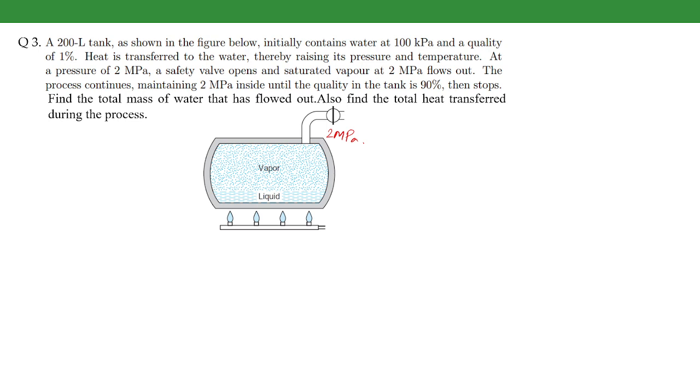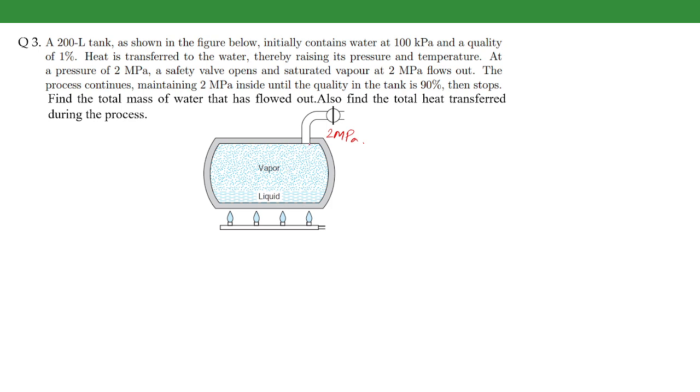Once the 2 megapascal value is reached, the safety valve opens, and this vapor and liquid will now be in equilibrium at 2 megapascal. That is, the saturation pressure at this condition is 2 megapascal.